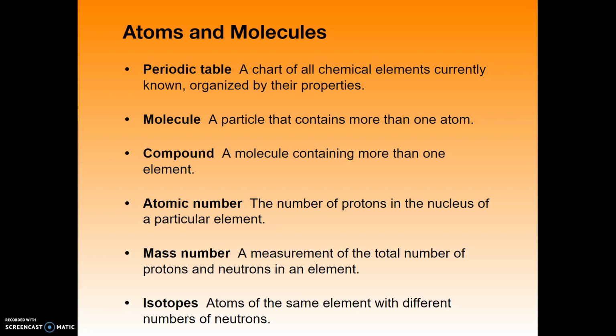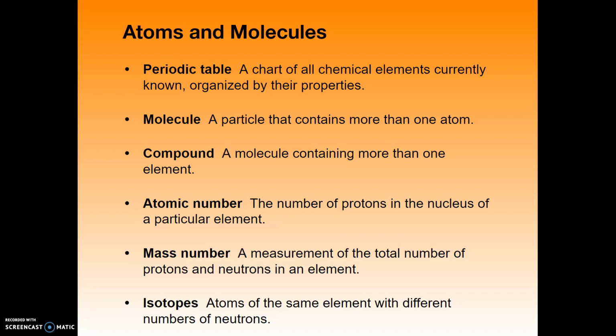Atomic number is how the periodic table is arranged, and it shows you the number of protons in that atom. The mass number is the protons and the neutrons together. We do not include the electrons because they are too minute.